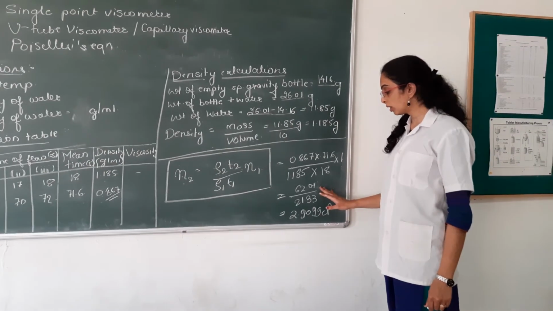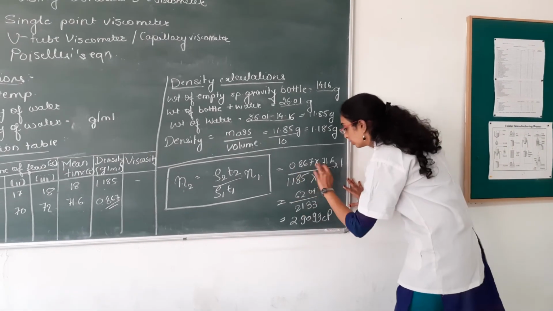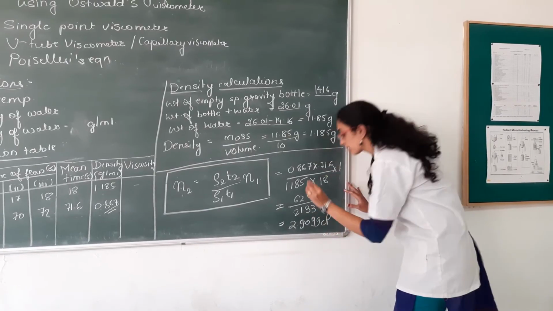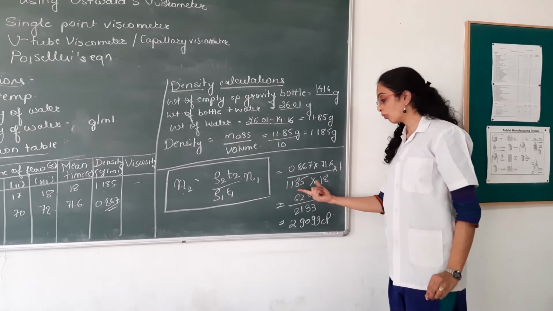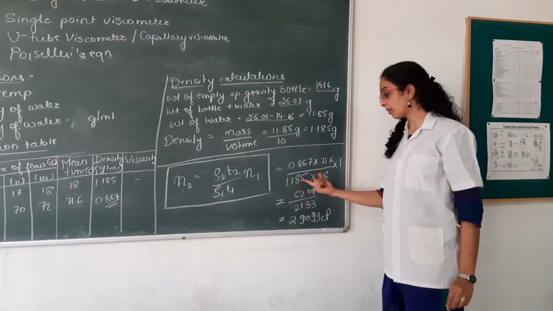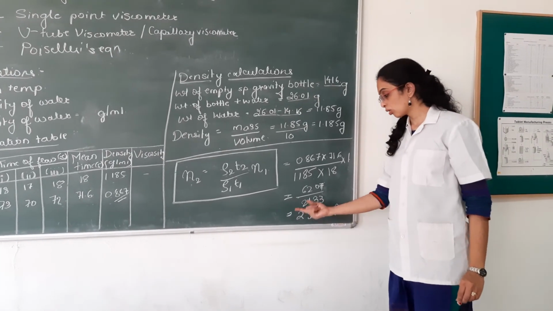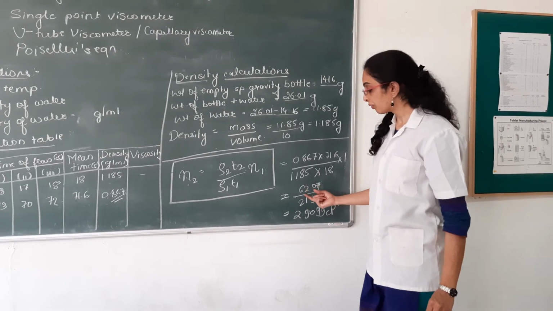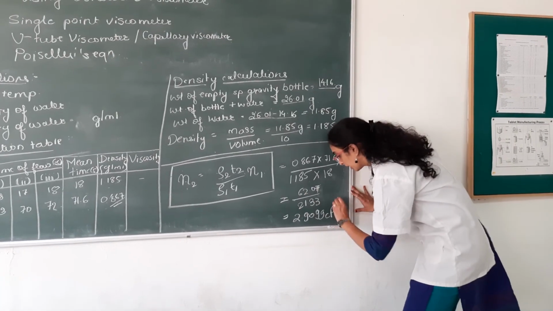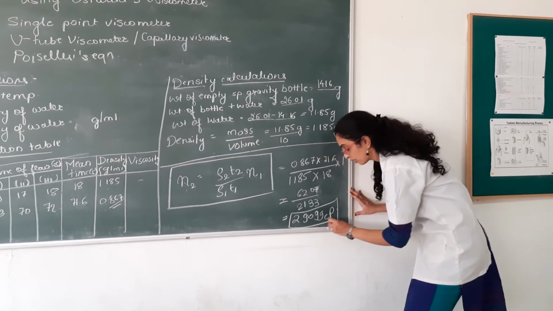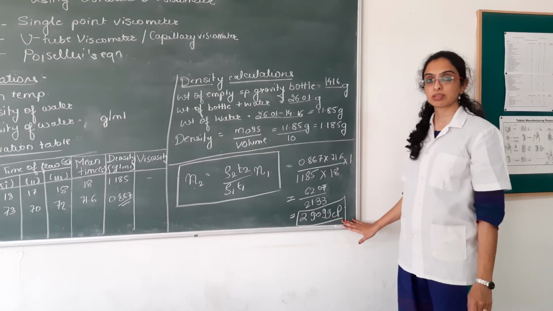So after calculations you get the value 62.07 divided by whatever value is obtained by the multiplication of this, that is 21.33. So the viscosity of the unknown liquid is found to be 2.9099 centipoise. Okay.